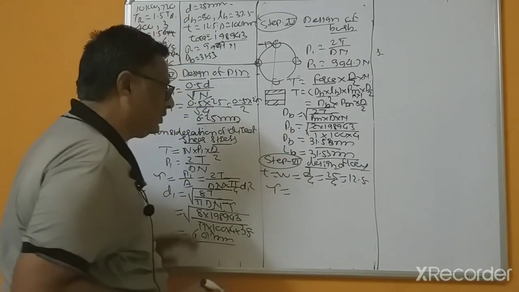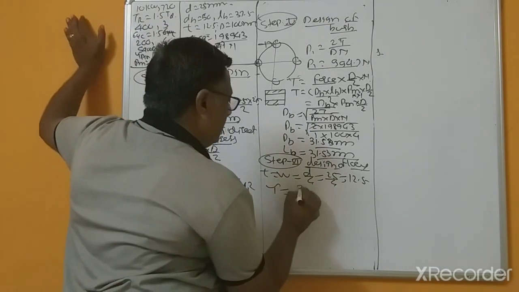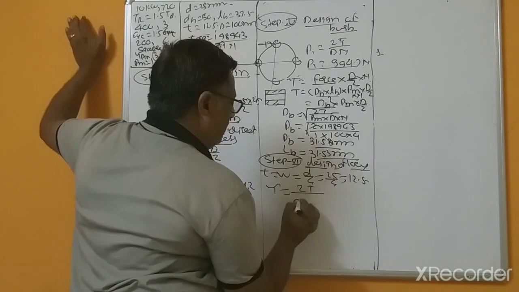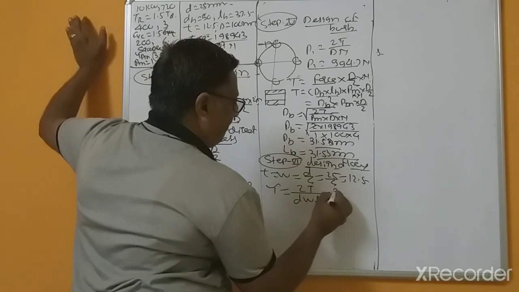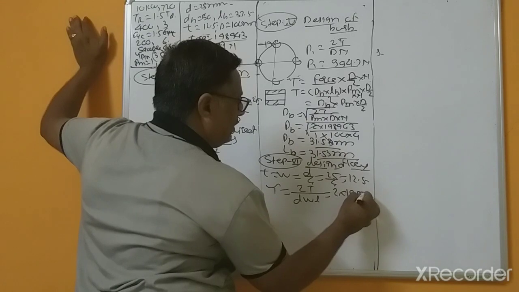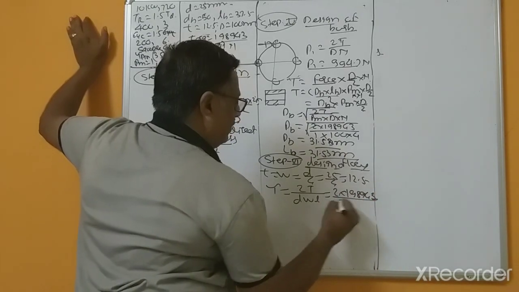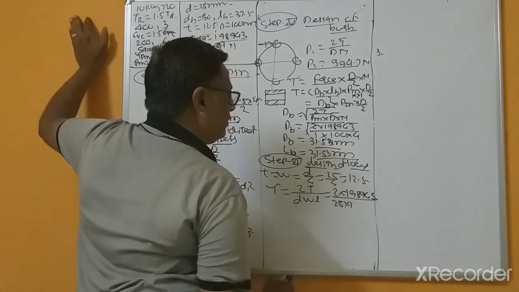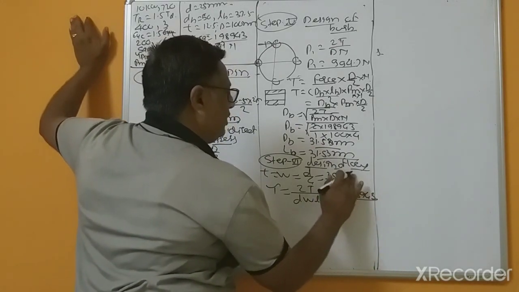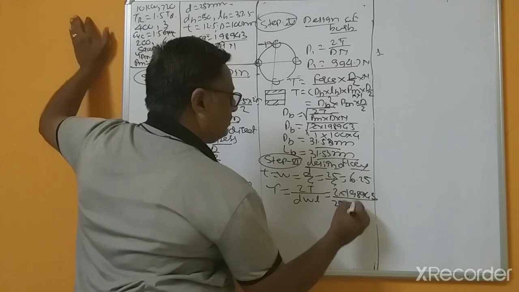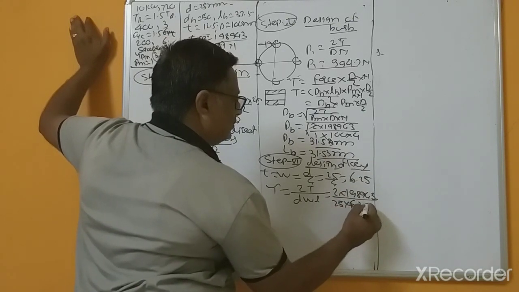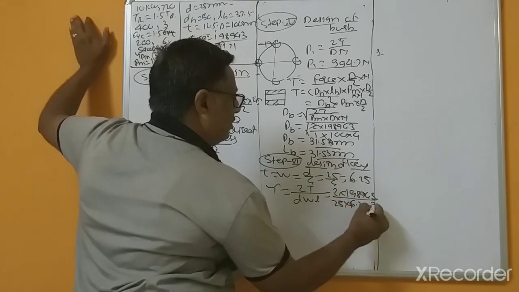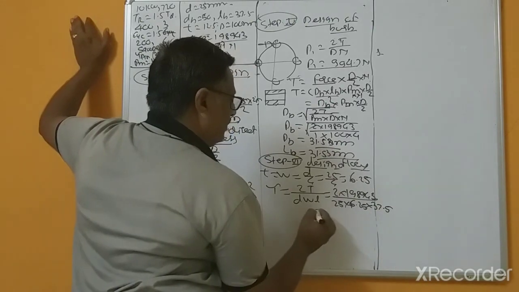Tau equal to 2T divided by dWL, 198943 divided by 25. Width, 25 by 4 means this is 6.25. Length 37.5.